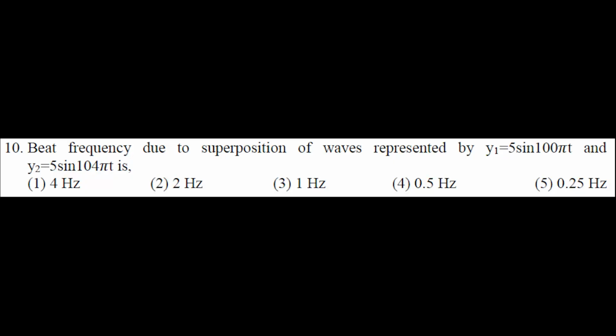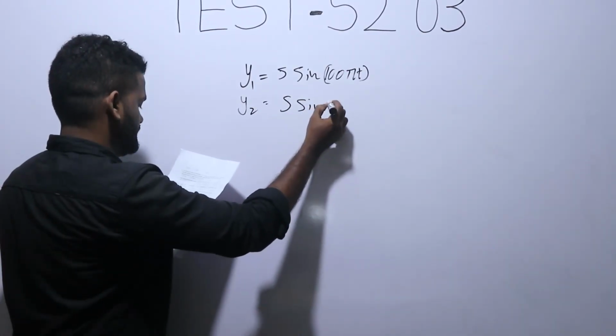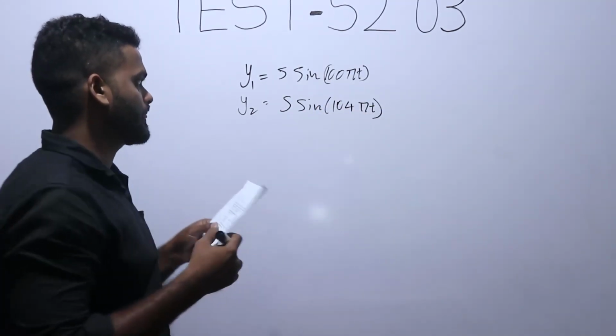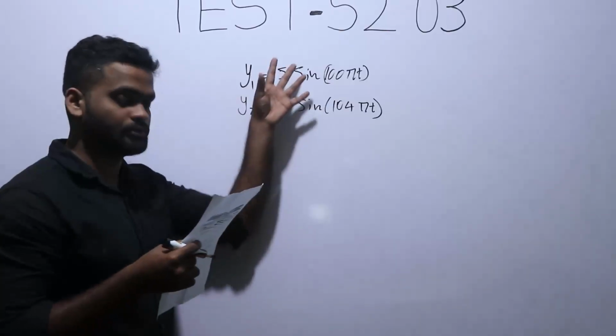10th question. Beat frequency due to superposition of waves represented by y1 equals 5 sine 100 pi t, and y2 equals 5 sine 104 pi t. So those are the two waves.